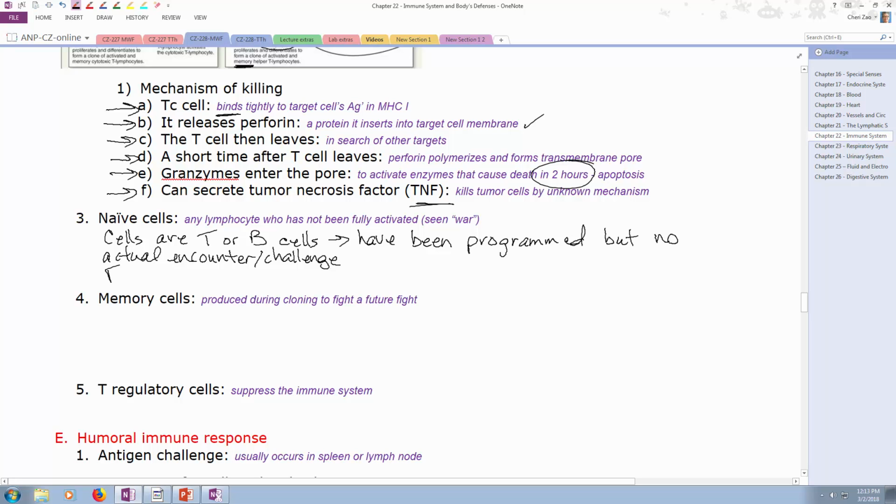When you are fully activated, you can do your job, which is co-stimulatory for helper cells for cloning purposes, or actually hand-to-hand combat for our cytotoxic T cells.